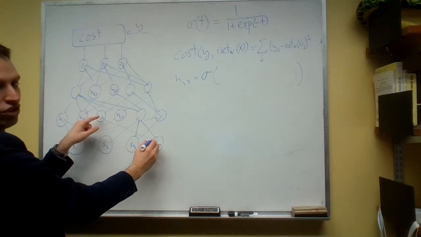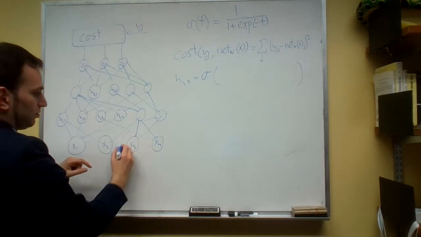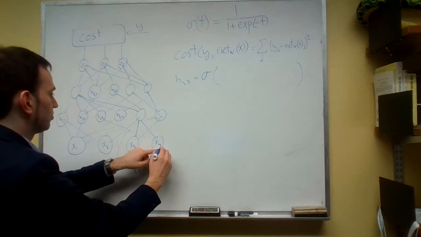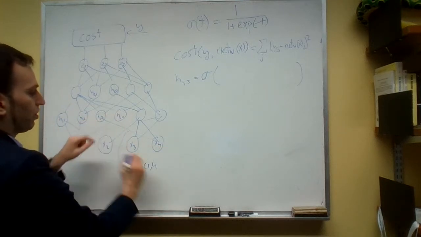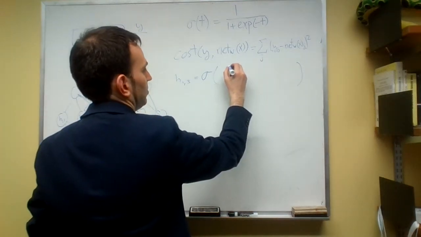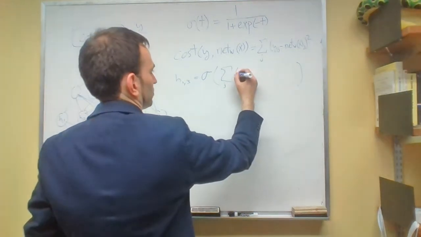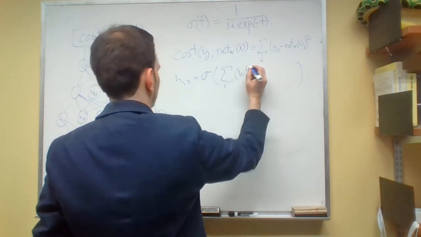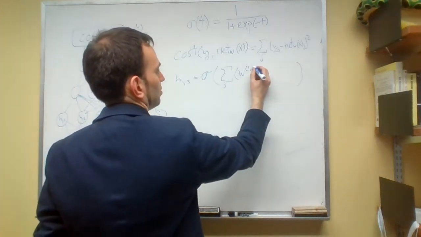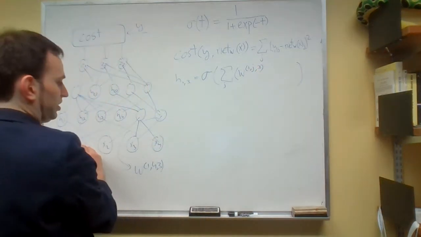Well, as usual, we'll define the weight here as w in the first layer, going from this 4, and going to h13, going to this 3. So it's going to be the sum, again, over j of w in the first layer, starting from j and going to 3, times xj.